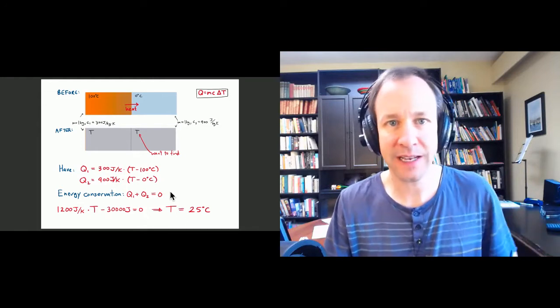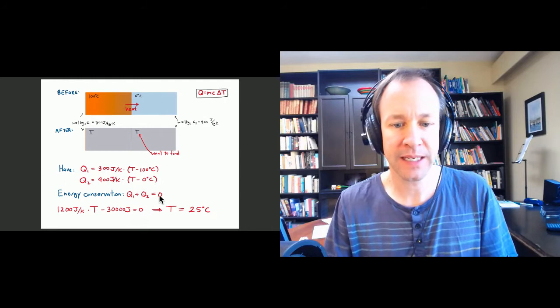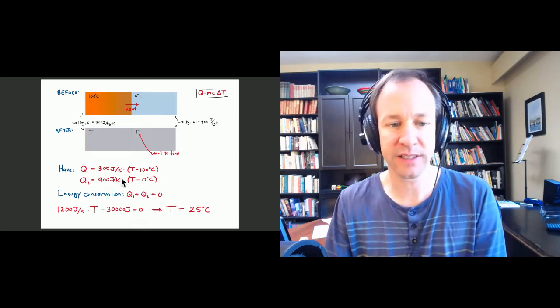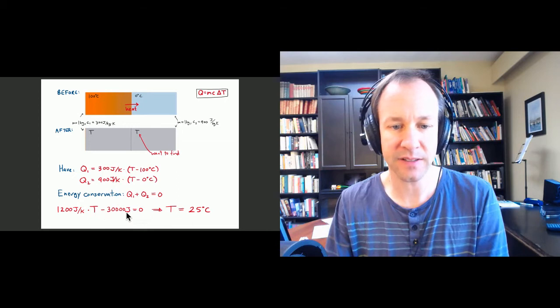Now we're ready to find the answer to the question. We just simply plug in our expression for Q1 and our expression for Q2 into this constraint that Q1 plus Q2 is equal to 0. Combining these equations, we see that the terms proportional to T add up to 1200 joules per Kelvin times T, and the remaining term is just this 300 times minus 100, so minus 30,000 joules.